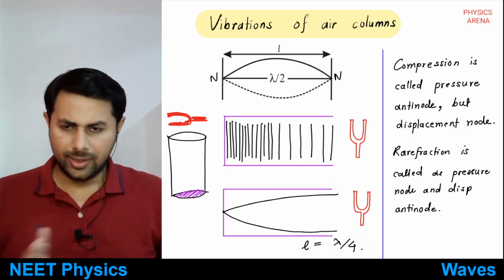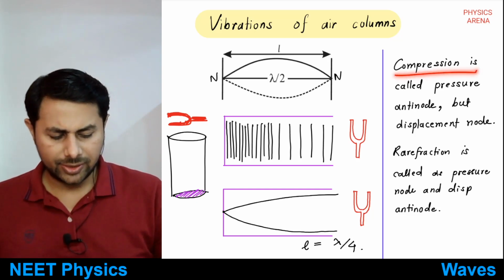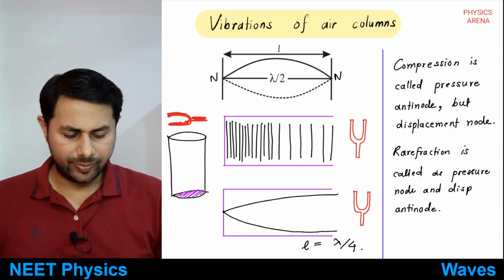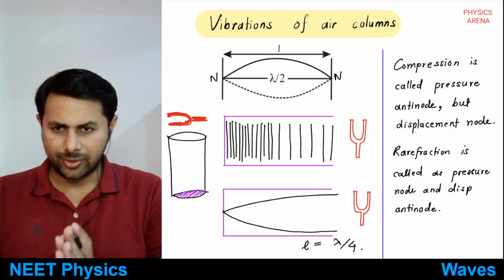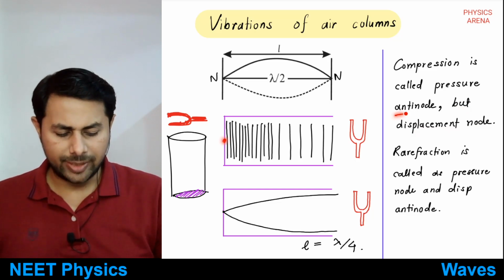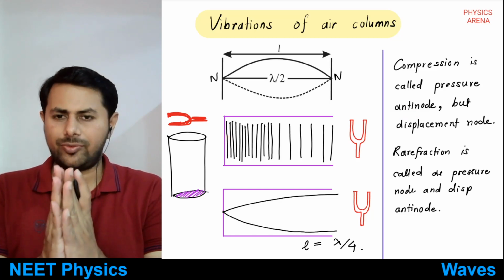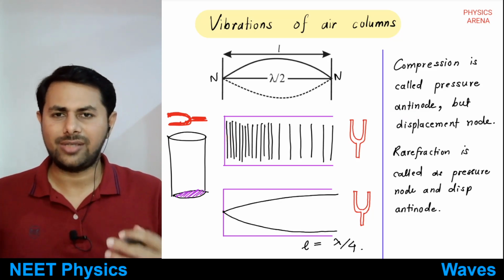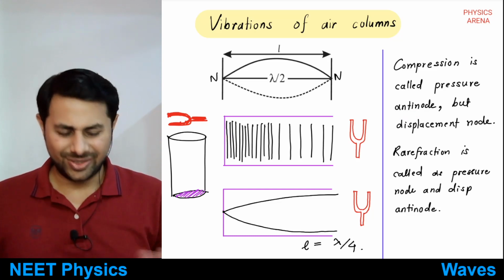Now there is a little nomenclature. Compression is called a pressure antinode but a displacement node. It is a displacement node, that means particles cannot get displaced, but it is a pressure antinode because pressure at that point is very high, and high means antinode.